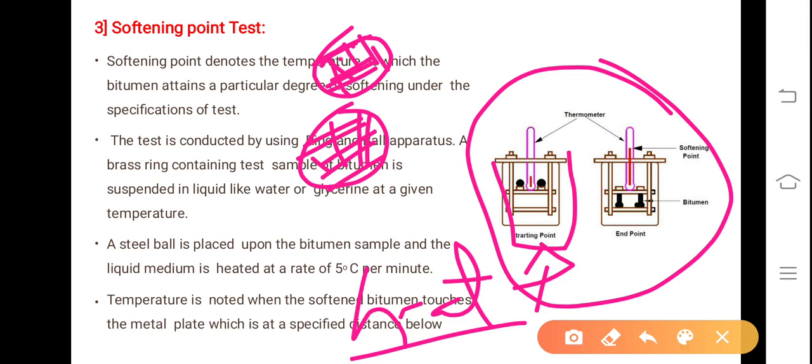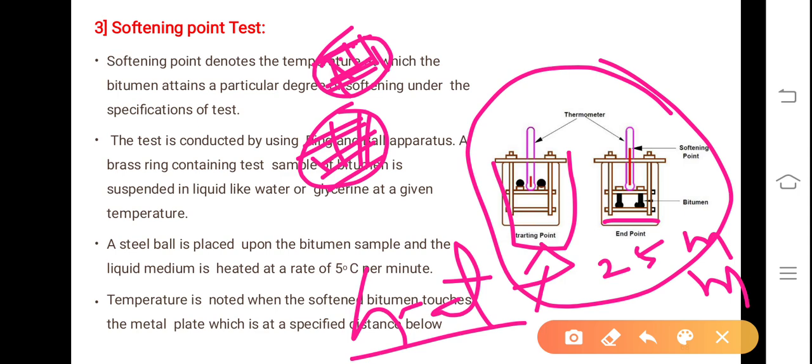It should be heated. What is softening point? The temperature after the bitumen gets softened and falls down to touch the bottom plate which is provided, at 25 mm height, 2.5 centimeter height.